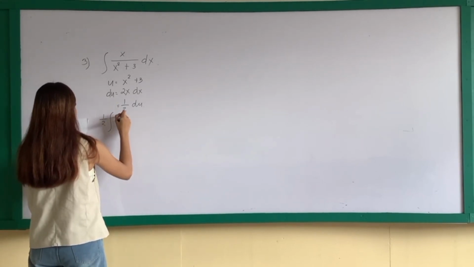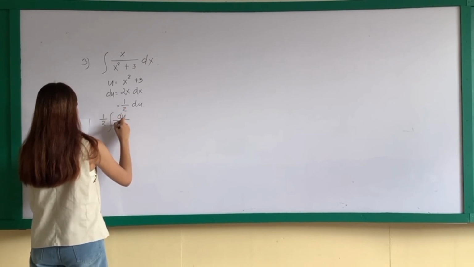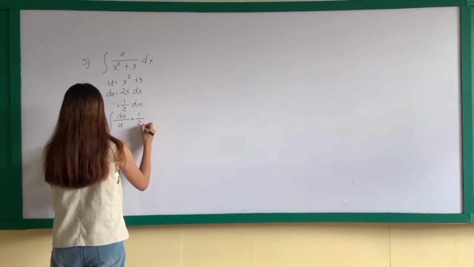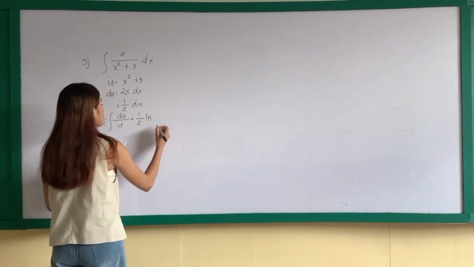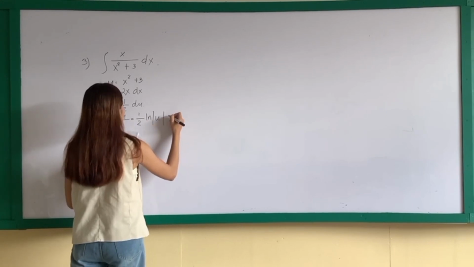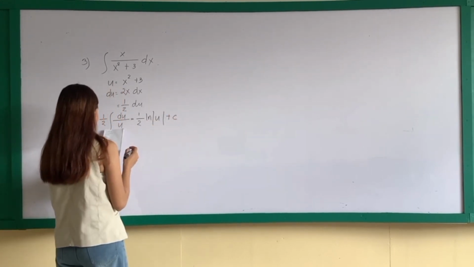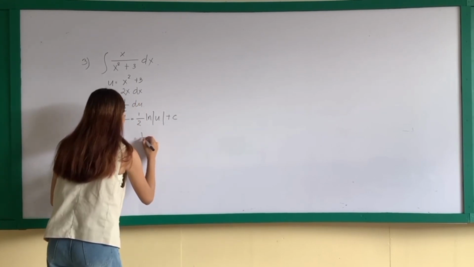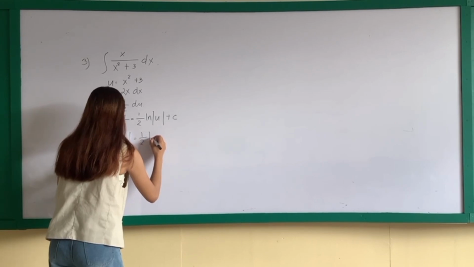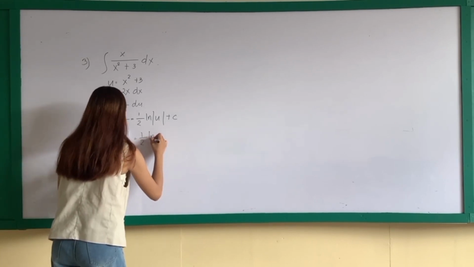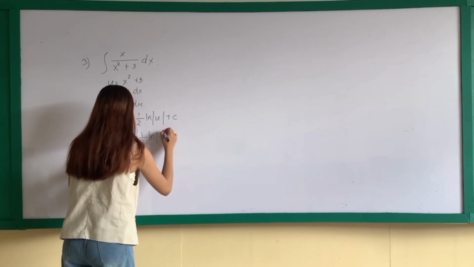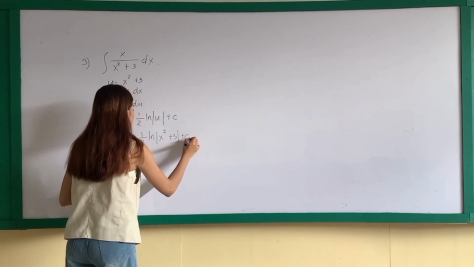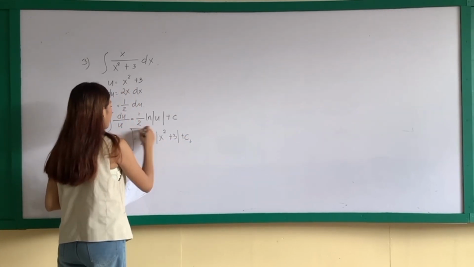So 1/2 the integral of du over u equals 1/2 ln the absolute value of u plus c. And let's substitute the value of u, which is x squared plus 3. So we have 1/2 ln the absolute value of x squared plus 3 plus c. And that is our final answer.